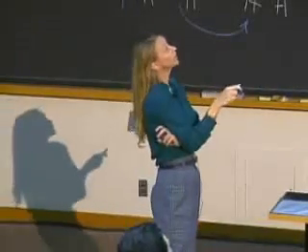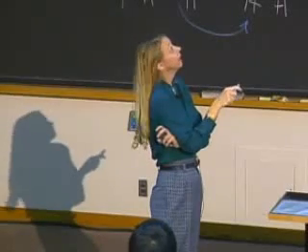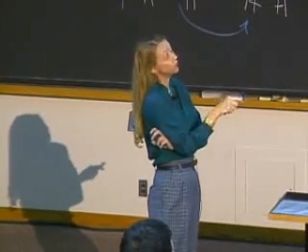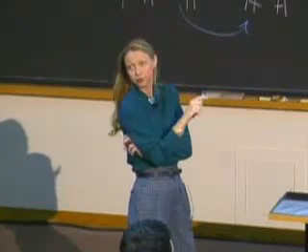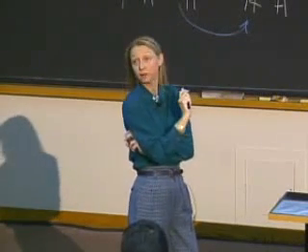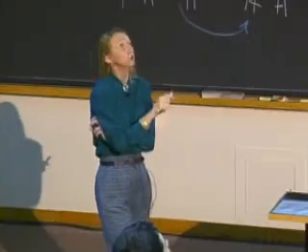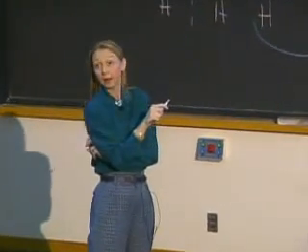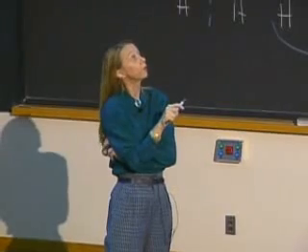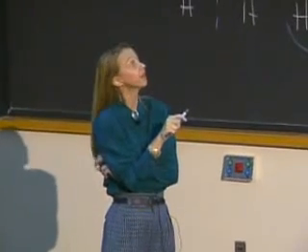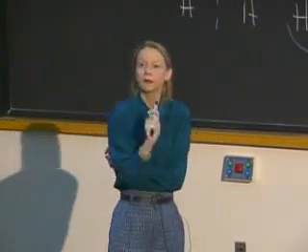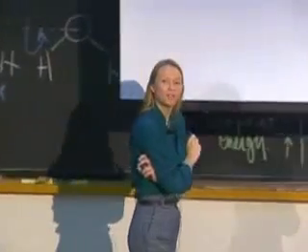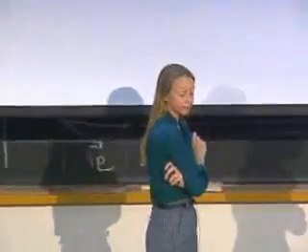One is the force constant K, and the other is the mass. What I've got here is the reduced mass. I'll explain that in just a moment, but this is essentially the mass. So the frequency is given by 1 over 2 pi times the square root of K, the force constant, over the mass.